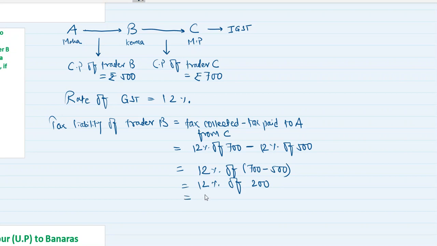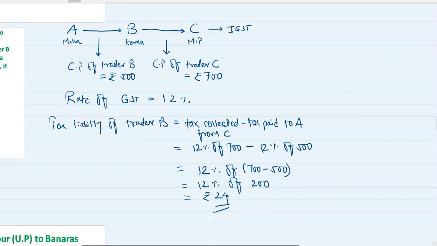So 12% of 200 is rupees 24. So trader B pays a total net tax of rupees 24. That is the tax liability of trader B.